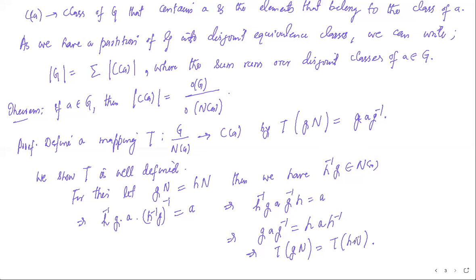And now reversing the order of the steps from T(gN) equal to T(hN), we will reach back to gN equal to hN, and that means that the mapping is also a 1-1 mapping. So reversing the steps here, we obtain T is 1-1.